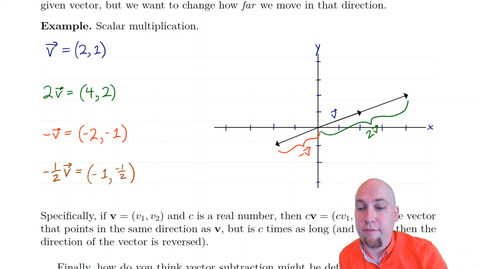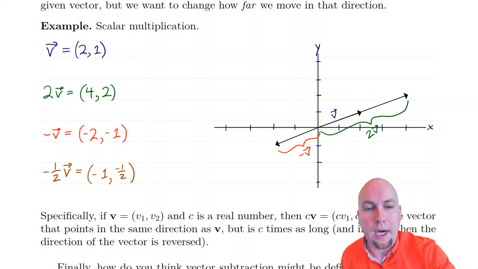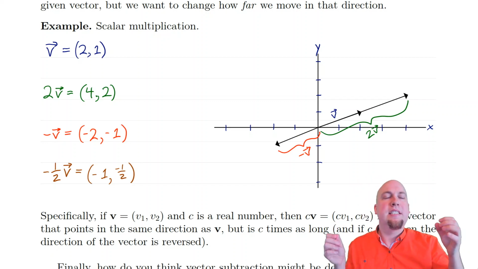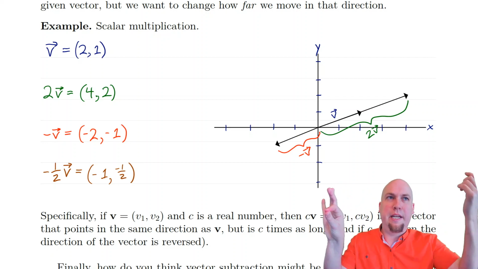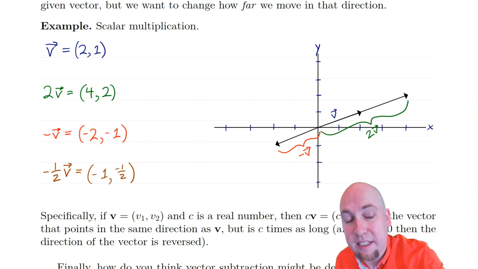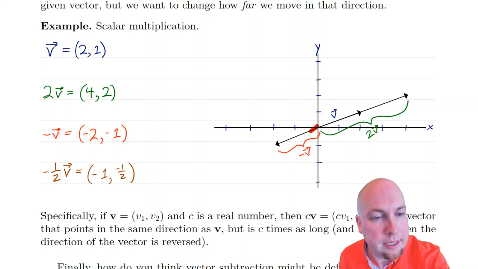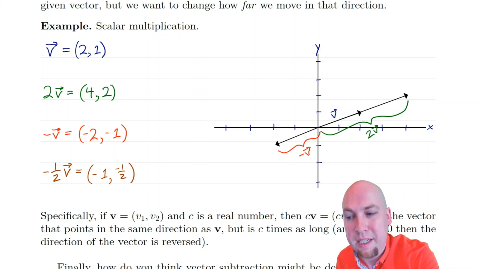And you can even do this with scalars that are less than 1, or even negative and less than 1. For example, you can multiply a vector by -1/2. Again, just do it entry-wise, nothing fancy happening there. This time, the negative sign out in front tells me the direction was flipped, and the 1/2 tells me the length was multiplied by 1/2. So where's this going to be on the picture? It's going to be pointing down to the bottom left, but half as long.